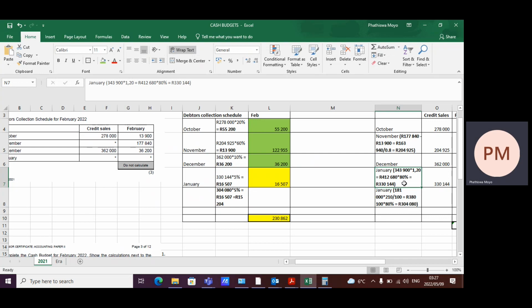The markup increasing by 20% and getting 3144. So we said 5% will be collected in February. Now let's see what's the total.